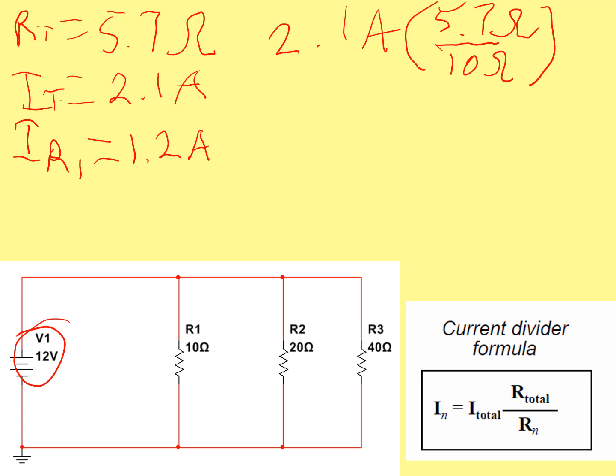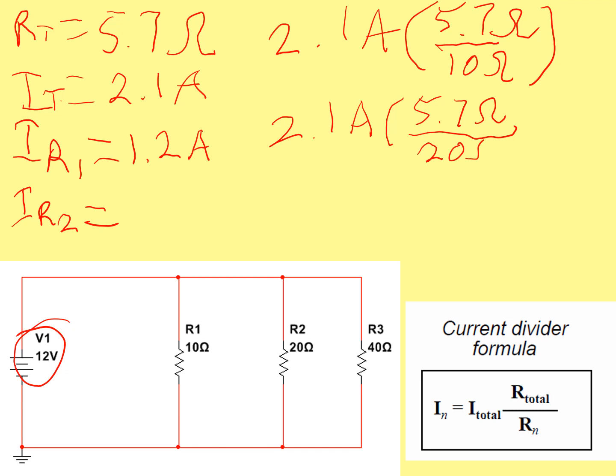So IR2 equals the 2.1 amps times 5.7 in the numerator again, and then 20 ohms on top.